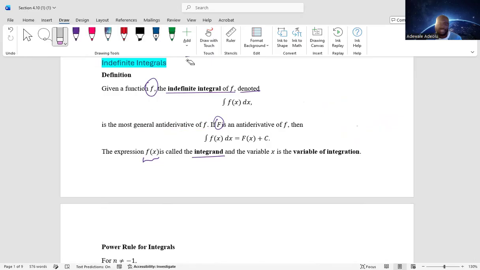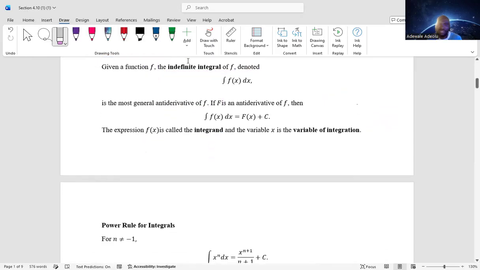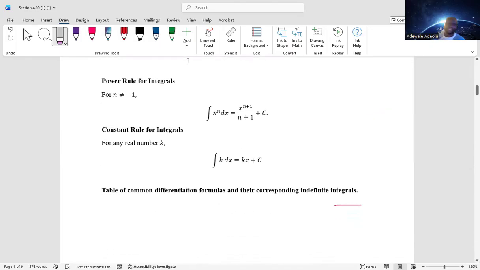Now we have learned some definitions and some notations. Let us learn some rules. There is a power rule for integrals. We want to be careful by saying our n in this case is not equal to -1.